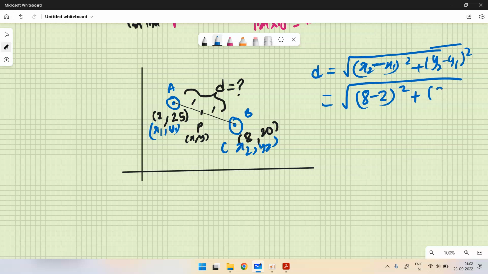y2 is 20 minus 25 square. This is nothing but 6 square plus 5 square.